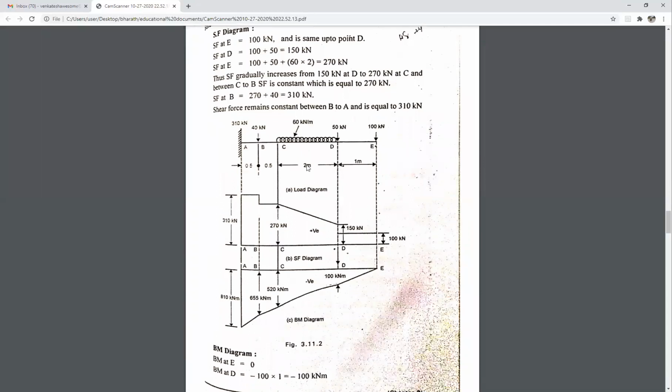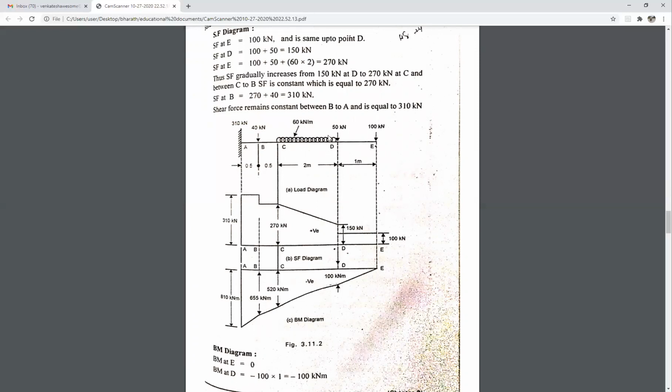This is another combination of cantilever beam. Here the system of forces is like this: a 40 kN point load and a 60 kN per meter UDL. As usual, a 50 kN point load is there at the end point of the UDL.